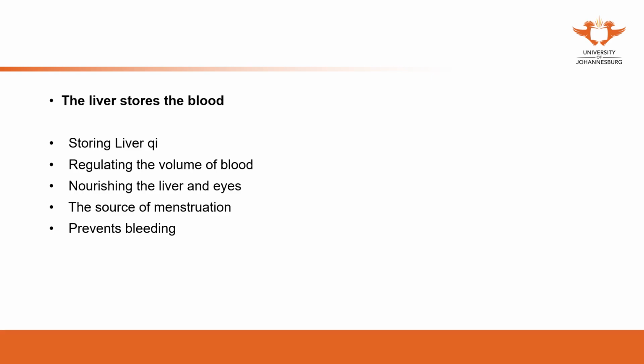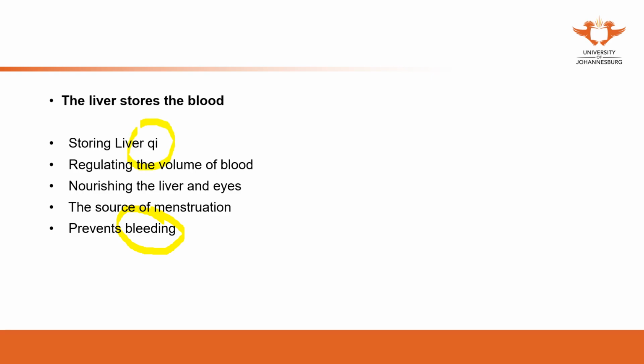The liver can also prevent bleeding. That's because the liver can store the blood. The other function is qi regulation. Bleeding must come from abnormal qi movement, because the movement of the blood needs the qi as well.